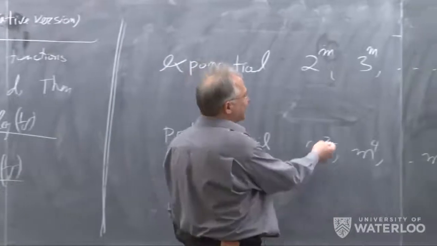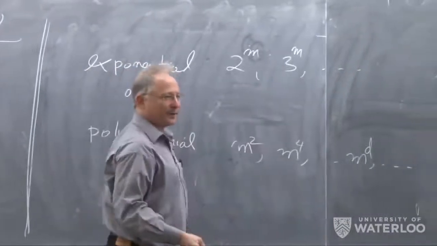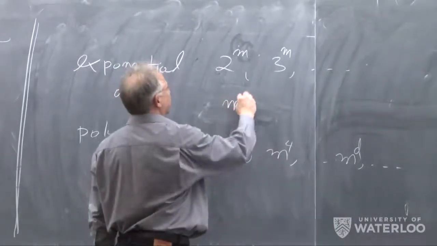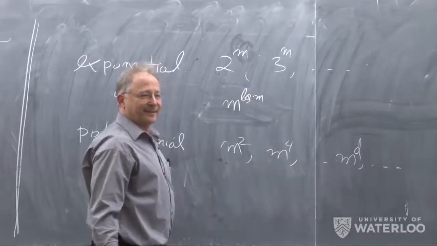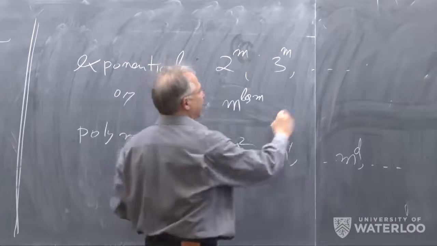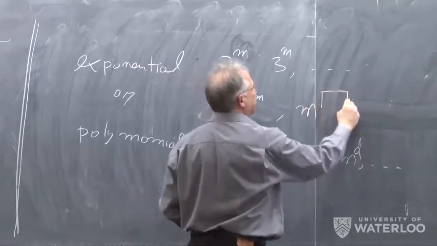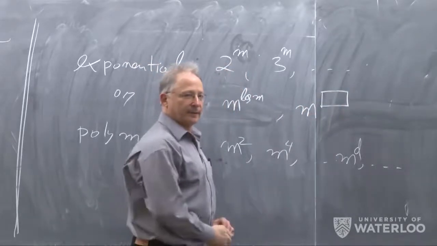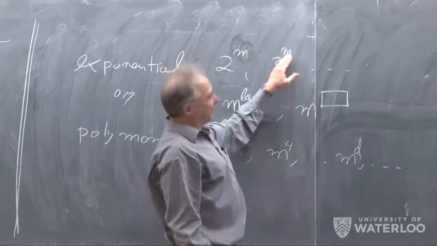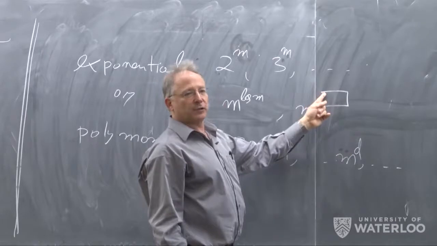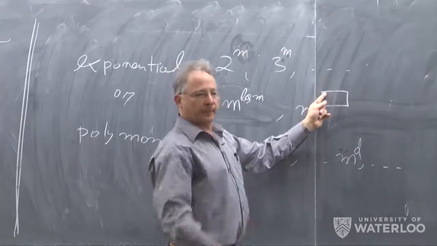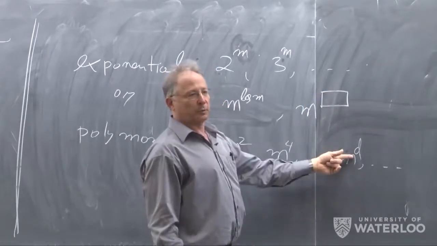But anyway, this is going very slow. This is going up very far. I can do things like m to the log m. You see, if I take m to any exponent which is less than this, but more than a constant, any function here that grows with m, it is not a constant, so it will not be polynomial.